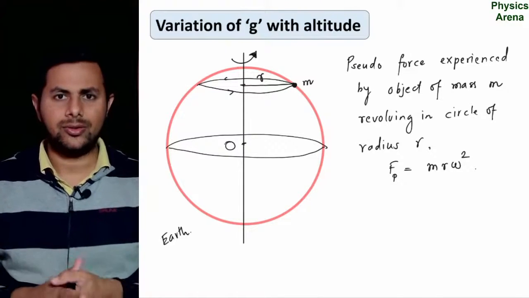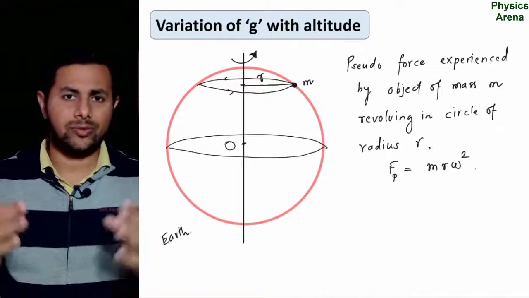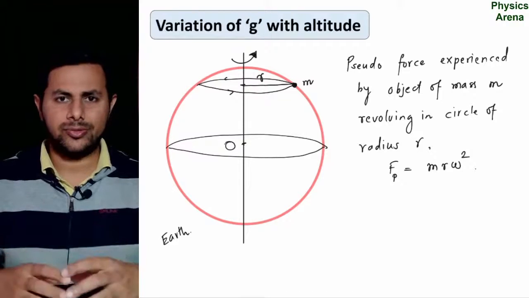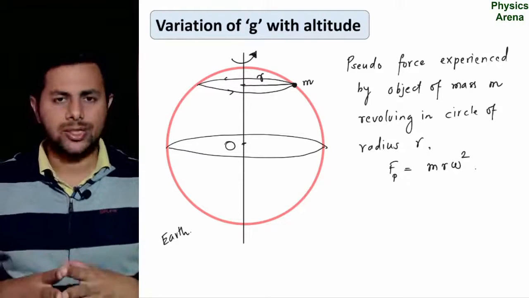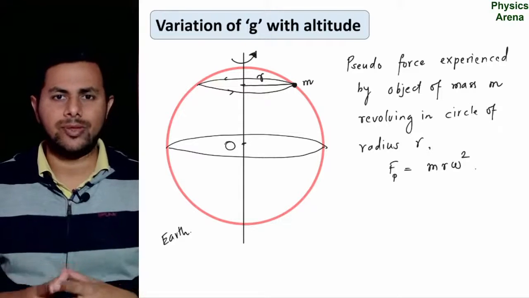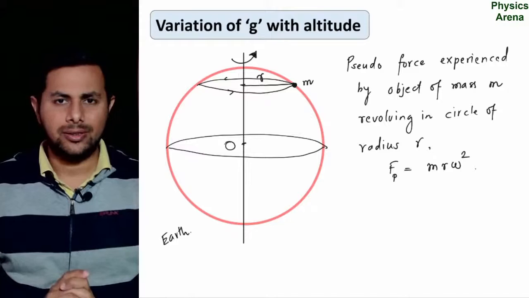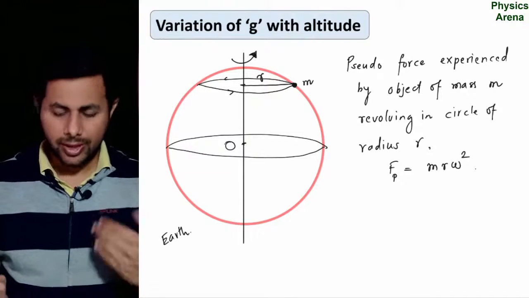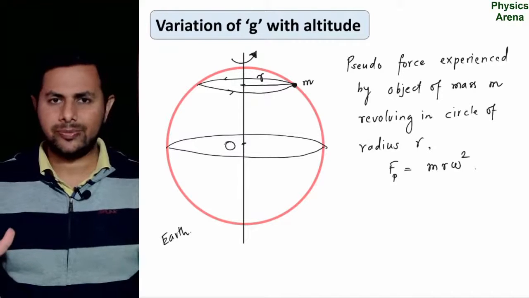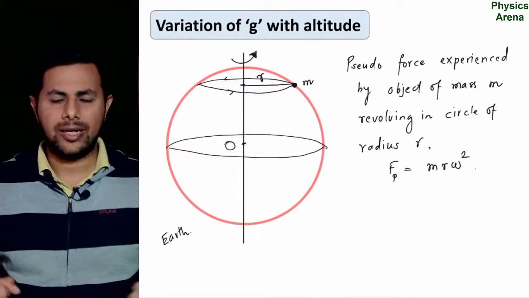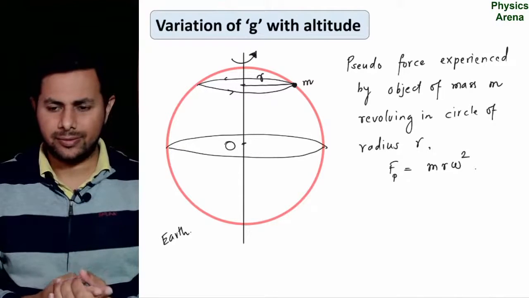So that force whose origin cannot be explained, but which you have to take into consideration to apply Newton's laws in the accelerated frame of reference, is known as pseudo force. It is experienced by a person who is in an accelerated frame of reference, and the force is opposite to the direction of the acceleration.